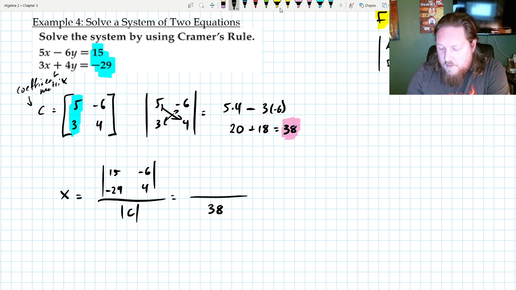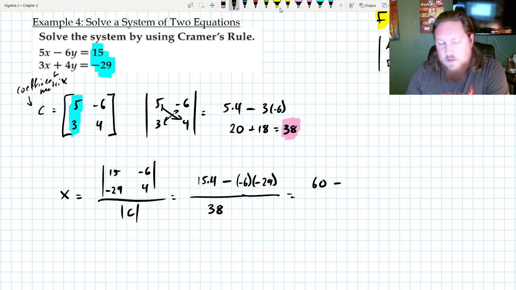So the determinant of this new matrix is 15 times 4 minus -6 times -29. 15 times 4 is 60, minus 6 times 29, what's that, 174?